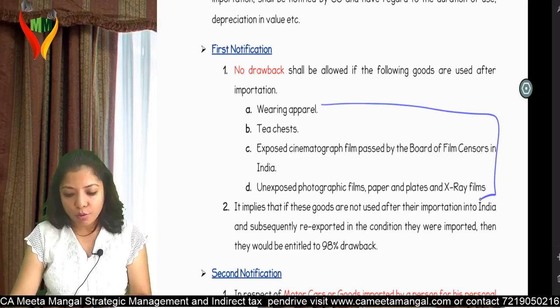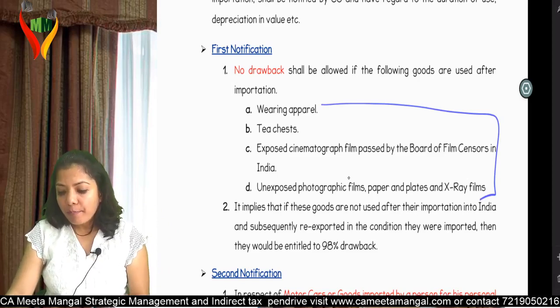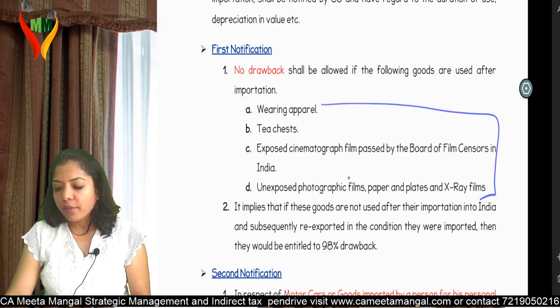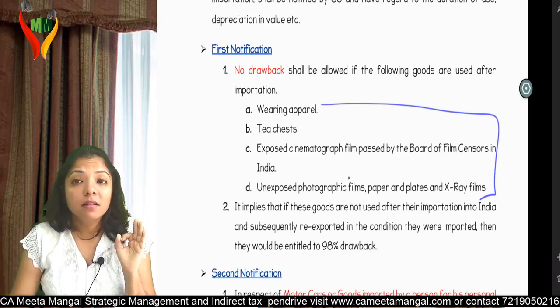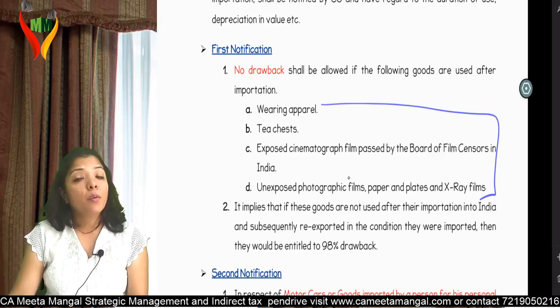Wearing apparel, clothes, tea chests, exposed cinematographic film passed by the Board of Film Censors in India, and unexposed photographic film, paper and plates, and X-ray films. Please learn the 4 points. First is wearing apparel. Second is tea chests.